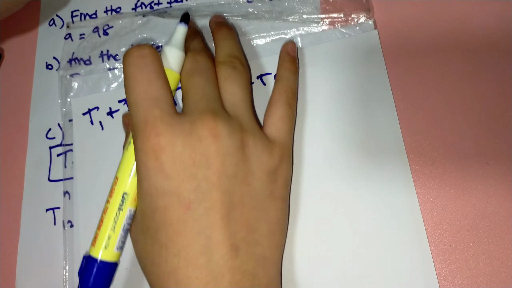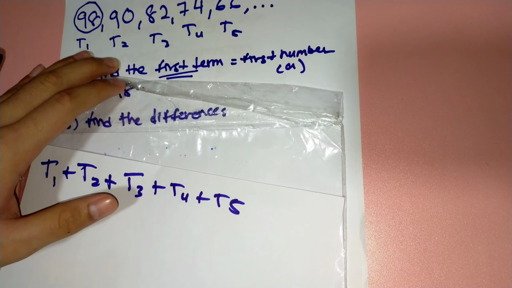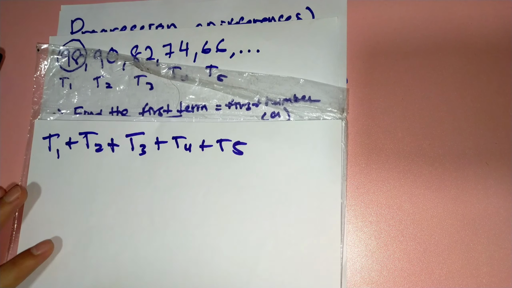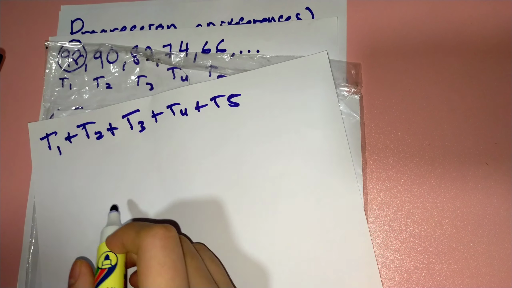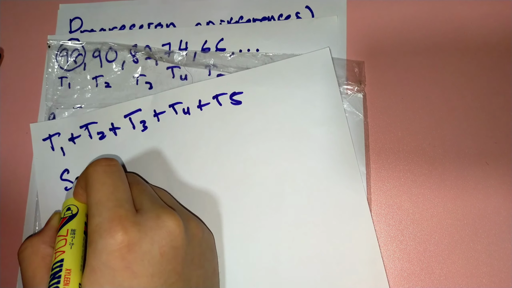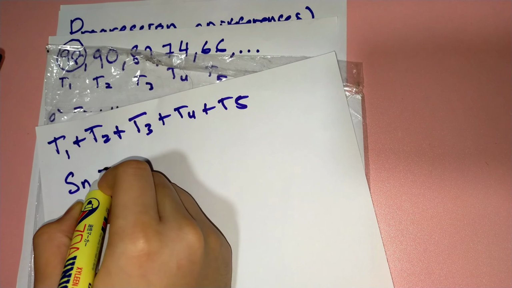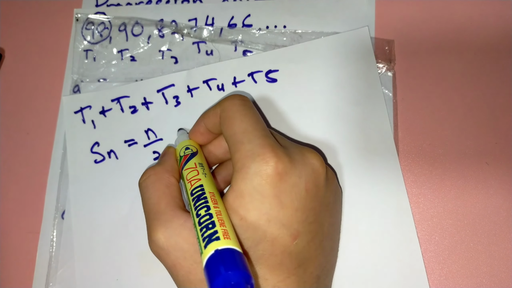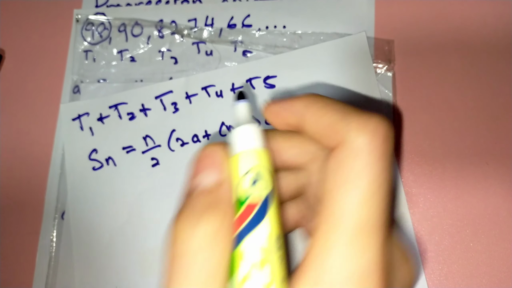Find the sum of all these numbers. Okay, we can calculate it manually, but there is also a formula, which is Sn, standing for the sum of the n terms, Sn equal to n over 2, bracket 2a plus n minus 1 d.